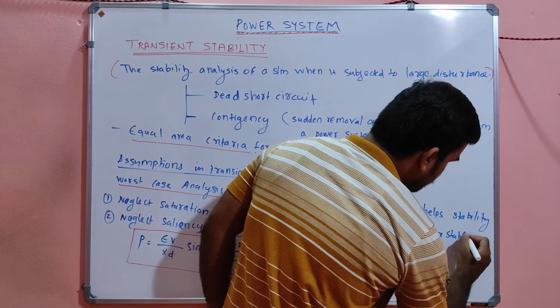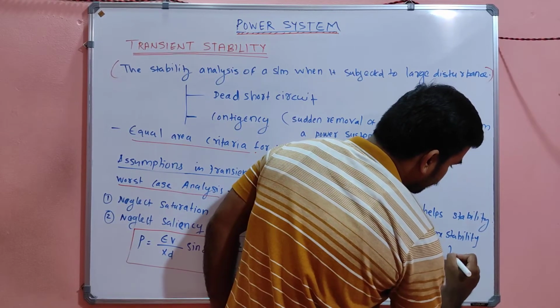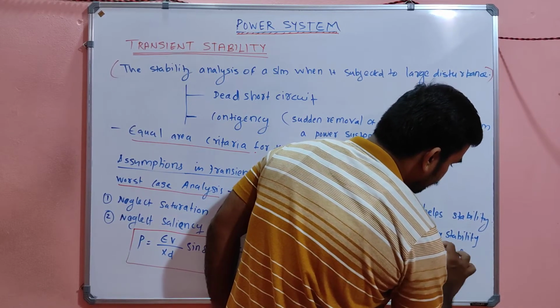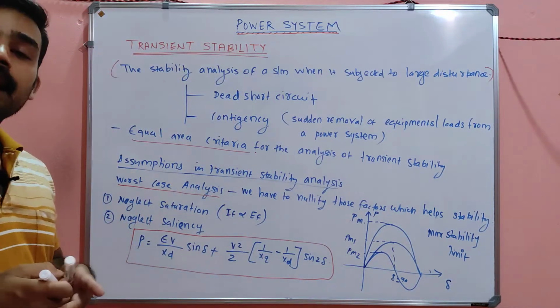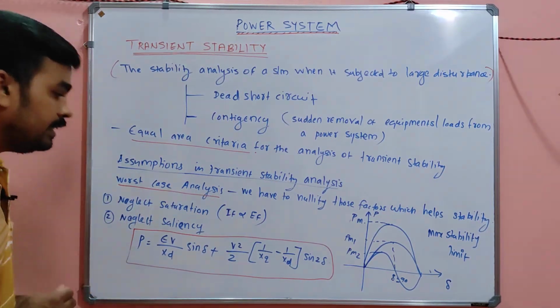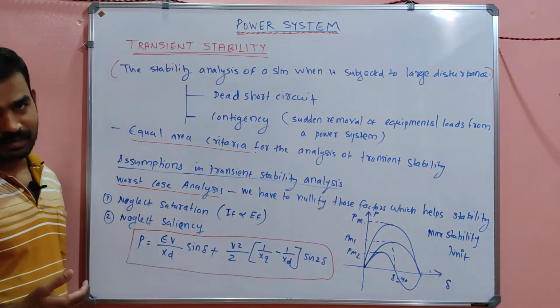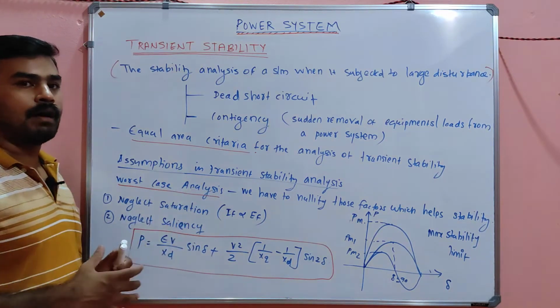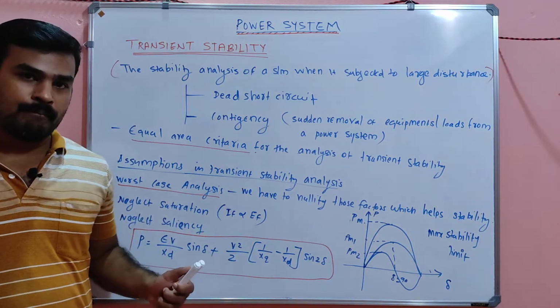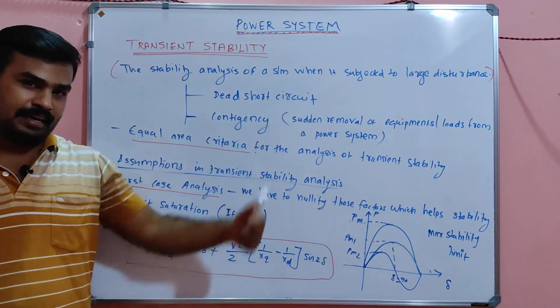That means if we analyze the system while considering the saliency of an alternator, we got a power which is very high. The output power will be very high.